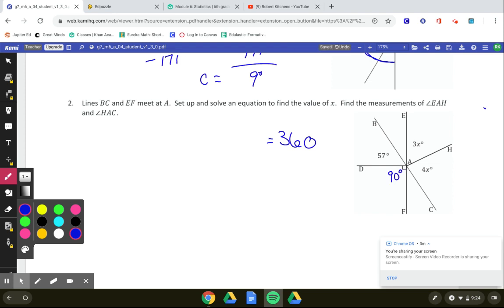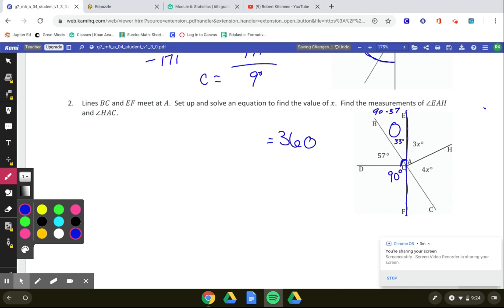Now, I can do this in a couple ways. I need to also find out what this mystery angle is here, but I can see this is an angle on a line. So I have 90 plus 57 is going to give me 180. Or I can say if this is a 90-degree angle, then this has to be a 90-degree angle, which means I have 90 minus 57 here, which gives me 33 degrees.